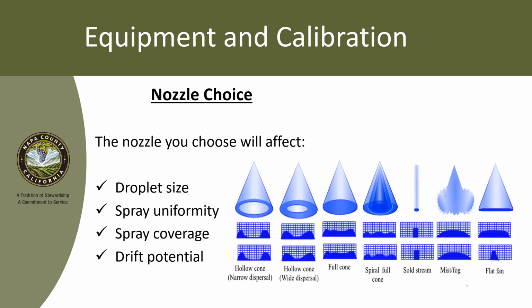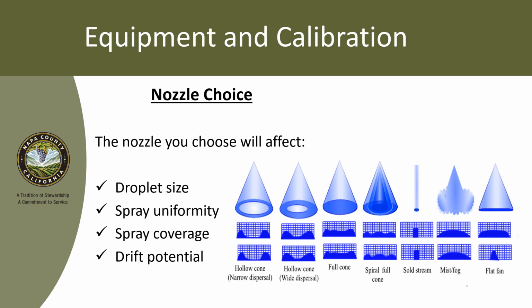And about nozzle choice. The nozzle choice that you make, of course, will affect the droplet size, uniformity of spray, the coverage, and also the drift potential. And those little charts below each nozzle are kind of neat because they show you the different spray patterns that you can produce using various types of nozzles. So how do you know that it's really working correctly?